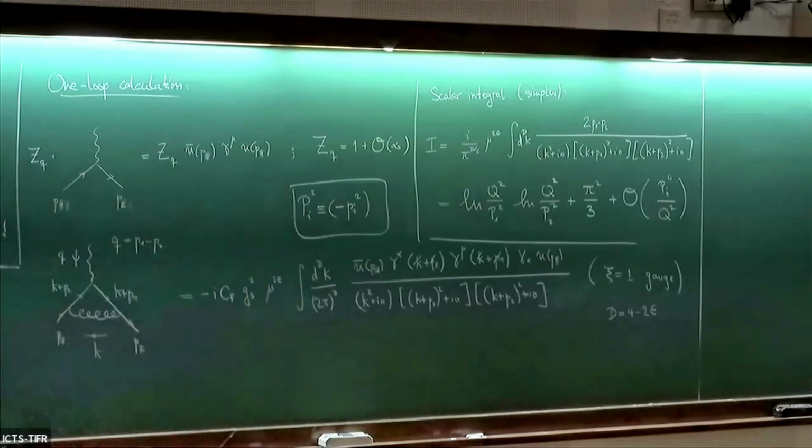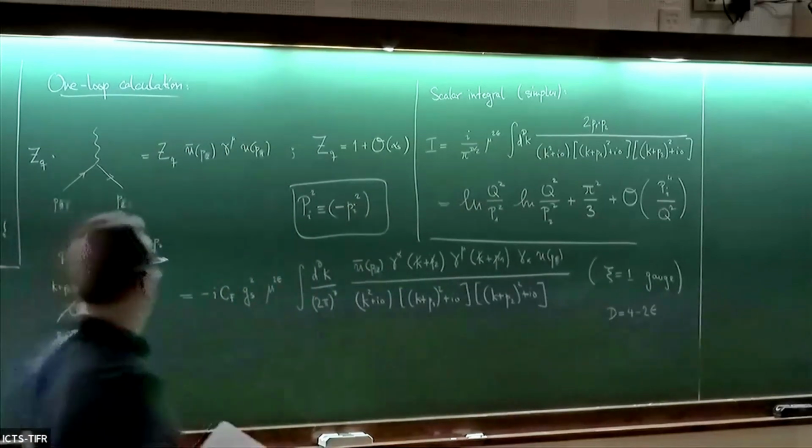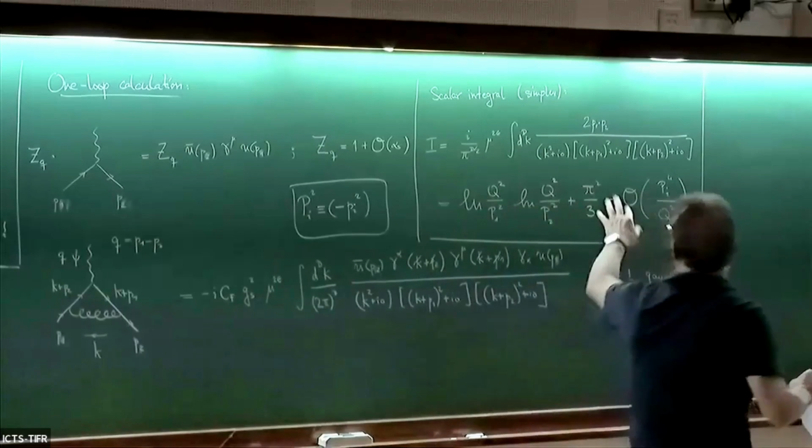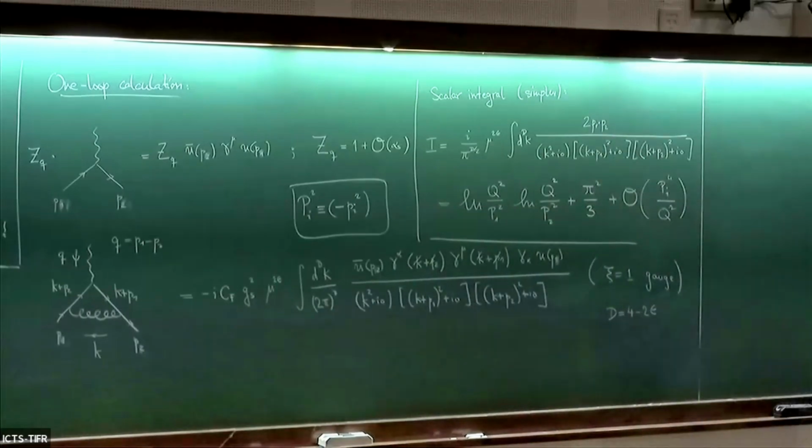And you just trust me that this is the correct value for this integral. You can do this integral, it involves some dilogarithms, and then you expand in the limit where q square is much bigger than p square, and that's what you get.